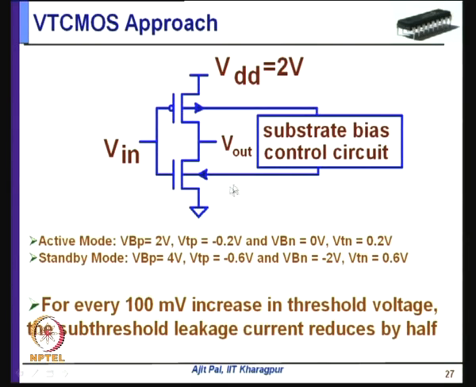As you can see, for every 100 millivolt increase in threshold voltage, the subthreshold leakage current reduces by half. So, the VTCMOS approach is used in this way for reducing the leakage power by adjusting the body bias to control the threshold voltage in active and standby mode.